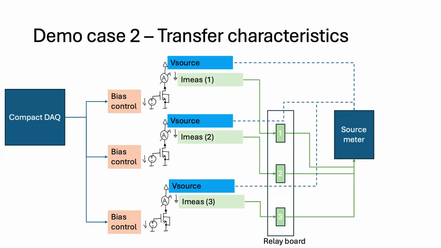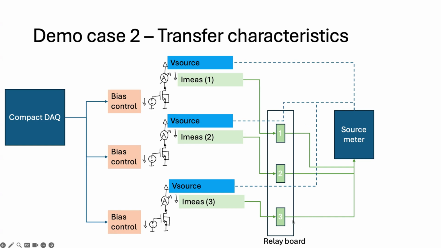So what we do here is measure 3 independent ISFETs on the same chip, simultaneously from the measurement sequence point of view, but they were measured sequentially, using a single source meter, and selecting the device was done by the relay board.